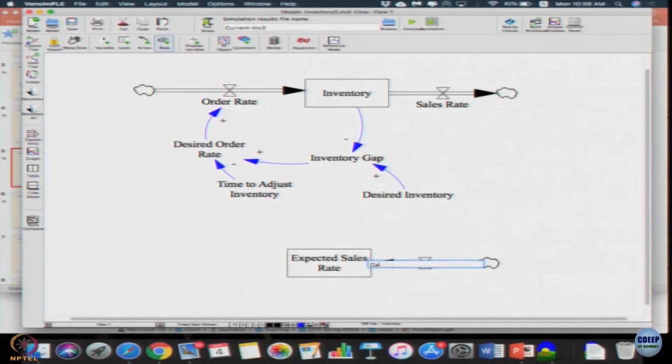change in expected sales rate, smoothing factor.